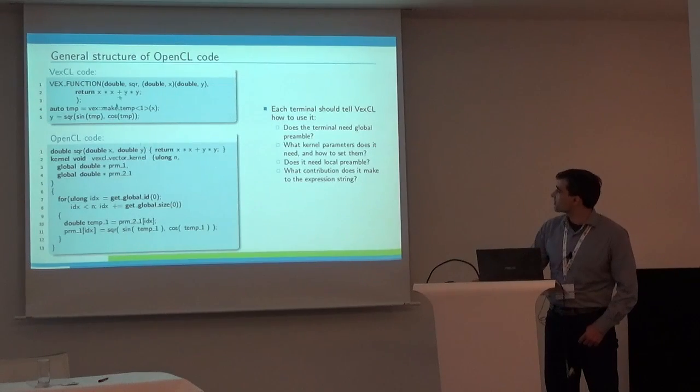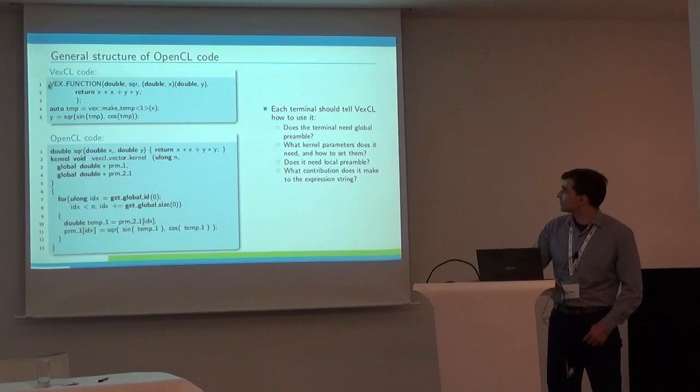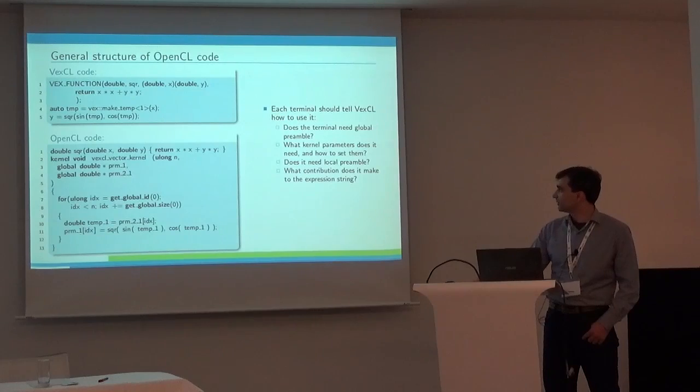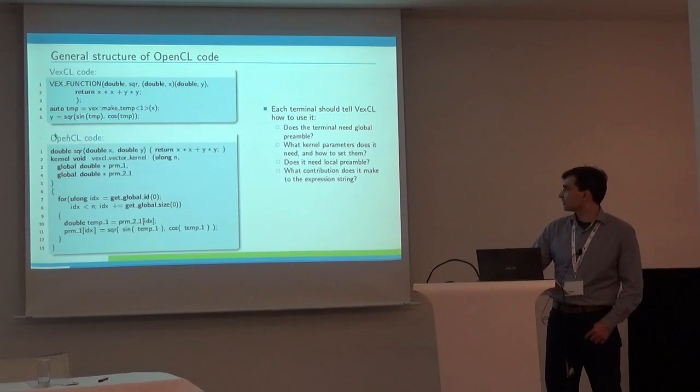So here's the general structure of OpenCL code. Here we have some custom function which returns double, which is named square, which takes 2 double arguments, and which returns the squared magnitude of the vector. Then we have some temporary variable. We have this expression that we want to generate this kernel from.